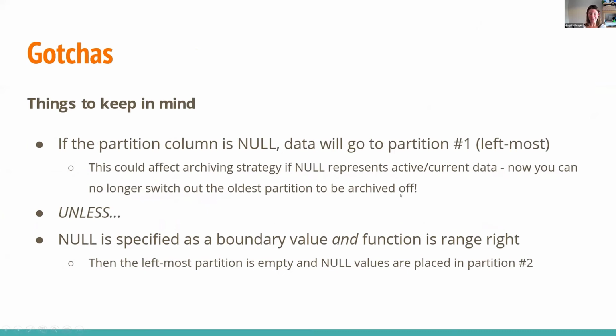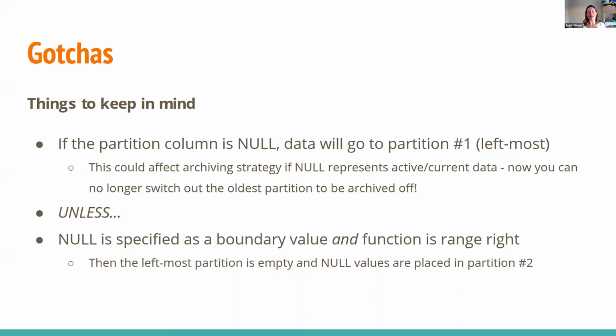Nulls. Nulls and partitioning are generally not recommended. I have actually seen the scenario and it caused some head scratching for a while. If your partitioned column is null, if the value on this record is null, the data is going to go into partition number 1 on the leftmost side, because null is smaller than whatever your minimum boundary is.